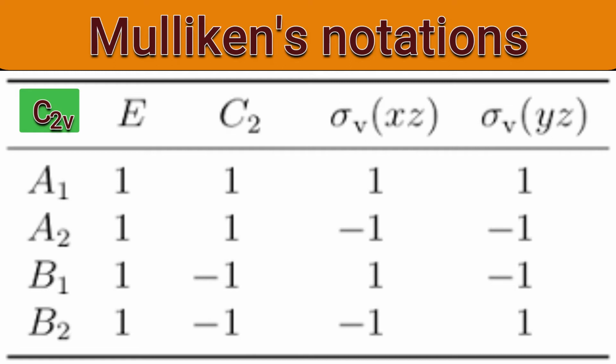See the next: dimension 1, symmetric about the principal axis, therefore A, antisymmetric about the molecular plane, therefore 2. See the third representation: dimension 1, so A or B, antisymmetric about the principal axis, therefore B, symmetric about the molecular plane, therefore B1. Now see the last representation: dimension 1, so A or B, antisymmetric about the principal axis, therefore B, antisymmetric about the molecular plane, therefore B2.